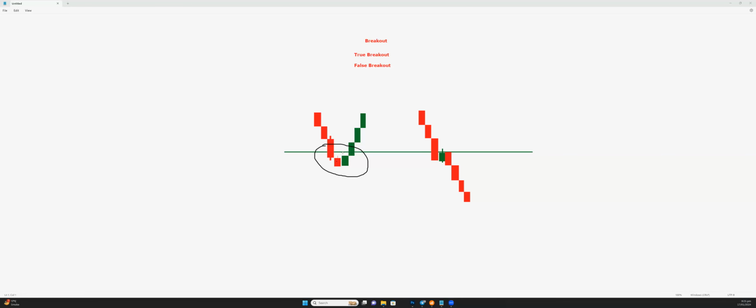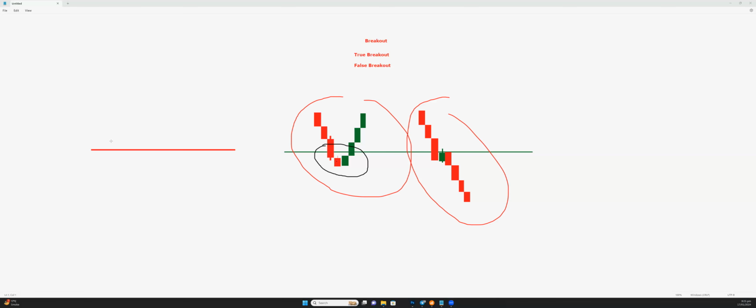So now we are not going in the sense of which is a true breakout and which is a fake breakout. We are just trying to understand that if there is a level and this level is broken, the next candlestick will be red, how can I understand that?